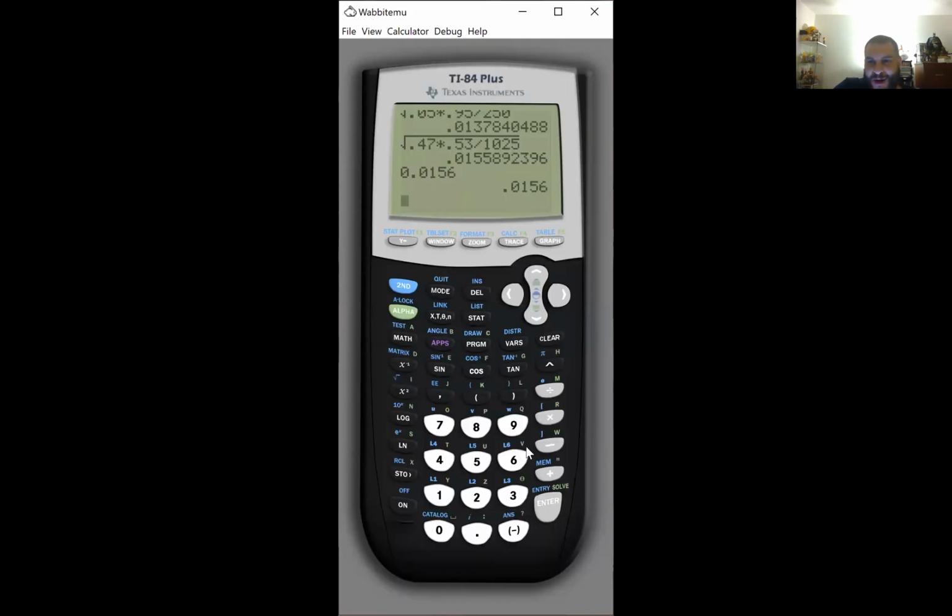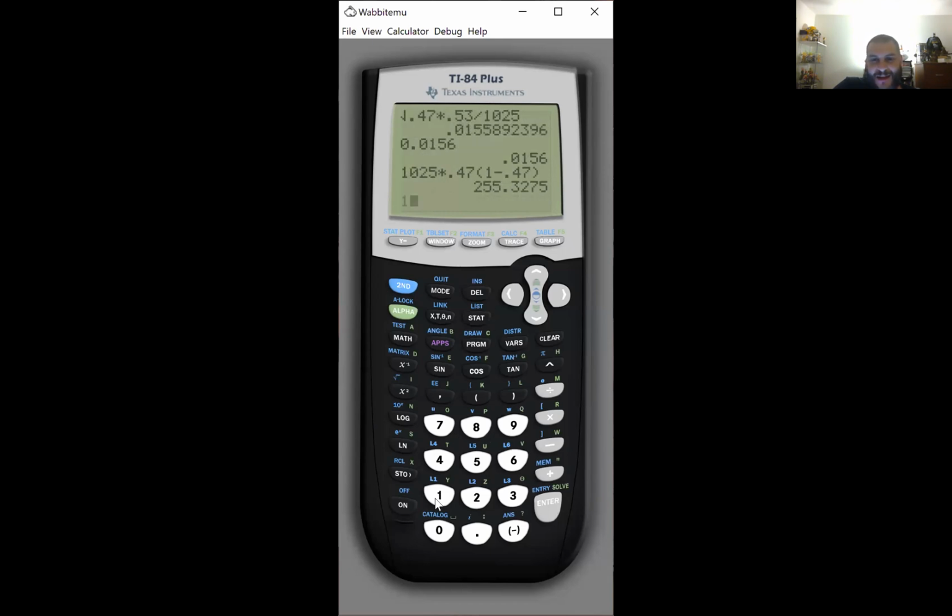All right, so somebody wanted me to do this one on the calculator because their answer was slightly different than my answer. So we do 1,025 multiplied by 0.47. And then if you want, you could do parentheses 1 minus 0.47, close the parenthesis, press enter.